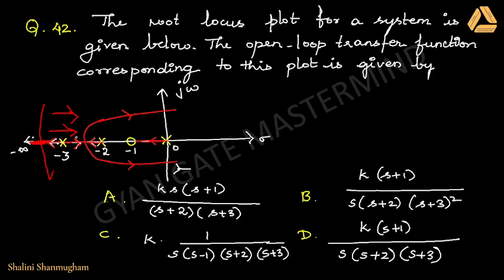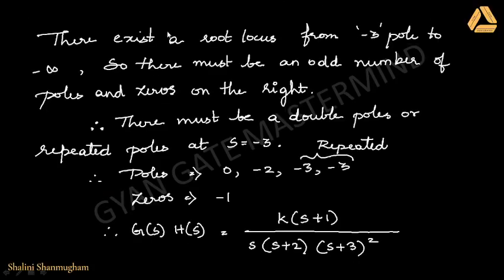So it implies that there should be 2 poles at this point, that is s = -3. There exists a root locus from the -3 pole to minus infinity. So there must be an odd number of poles and zeros on the right.